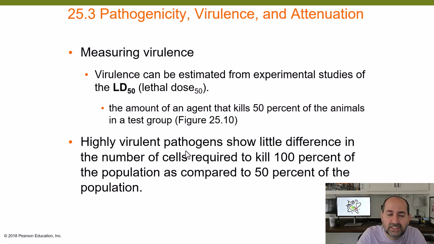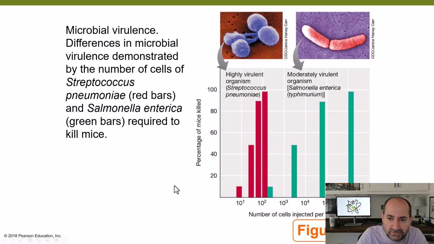And that makes sense, right? If a pathogen has several virulence factors and it's highly pathogenic and dangerous, then you would expect fewer of them to cause disease and cause death, right? So this is why with highly virulent microbes, you don't need to be exposed to many of them to cause disease.